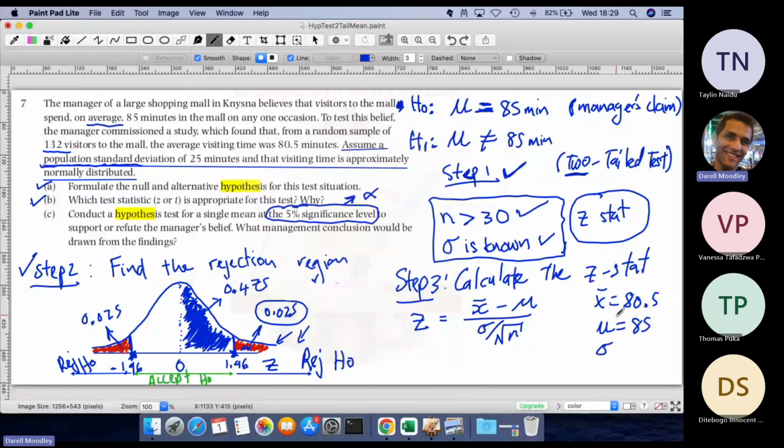Your sigma, as you read in the text, is your standard deviation, and your standard deviation is 25. Your sigma is 25. And n, as we've talked about, is your sample size, which is 132.